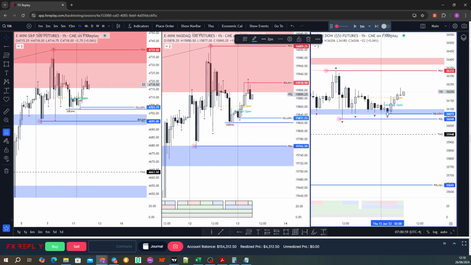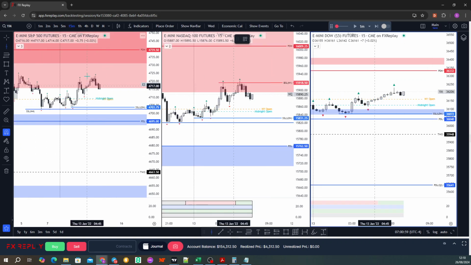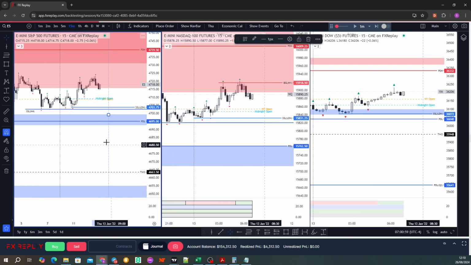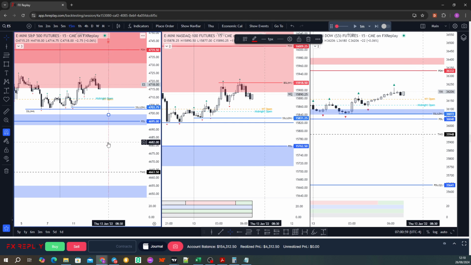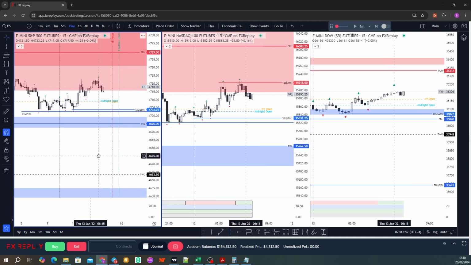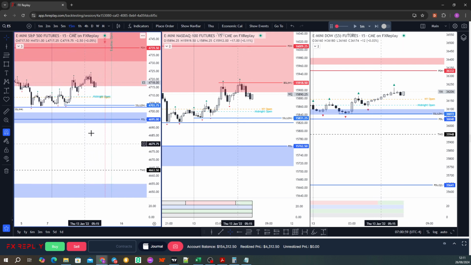So it's Thursday, it's PPI. Just going to drop down to a 15. Just want to get some key reference points in. So this one, impact news. Equities open. Okay. So we know we have a good idea of what we're looking for in relation to the true week open. I'll leave it on the 15 for now.